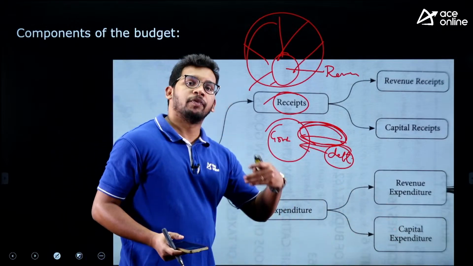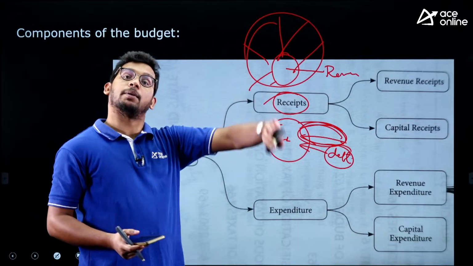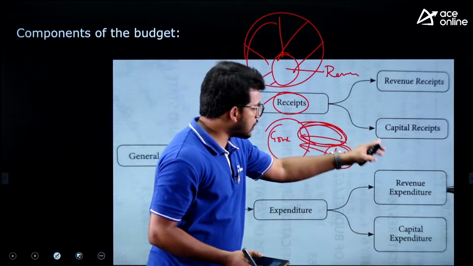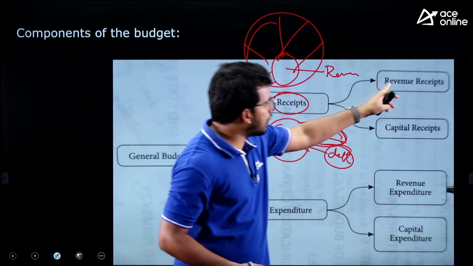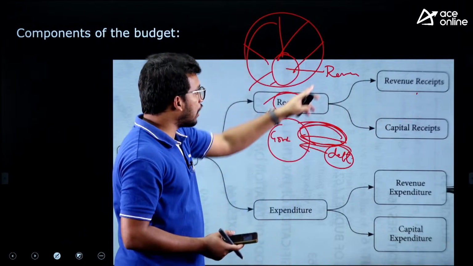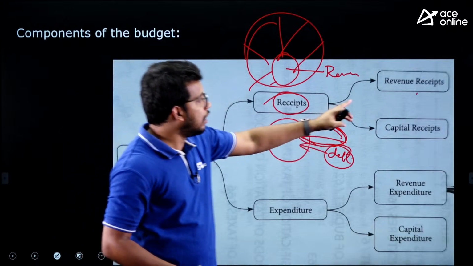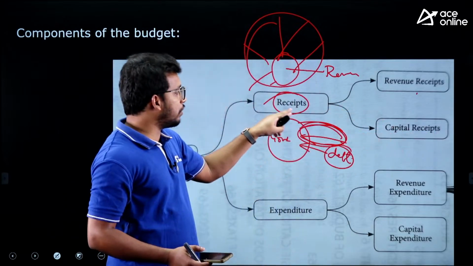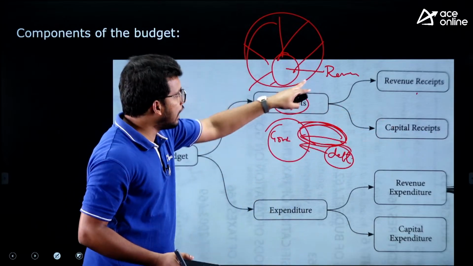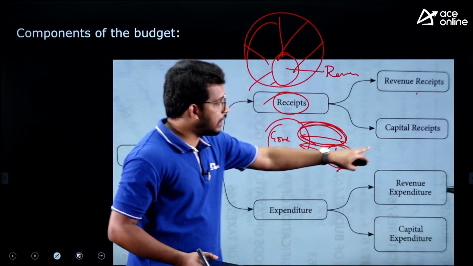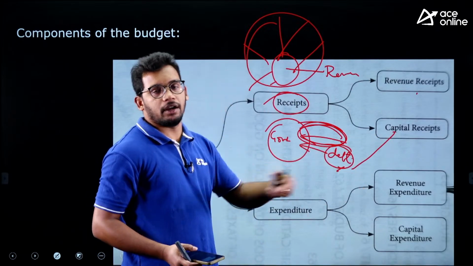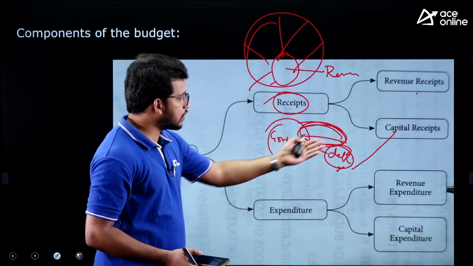It can be one-time or long-term expenditure. In receipts, we have revenue receipts, the one-time payments, which the government need not pay back, like tax collection. And also capital receipts, which include the debt taken from the markets.